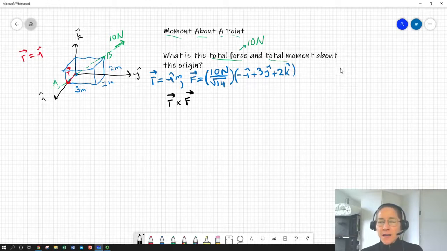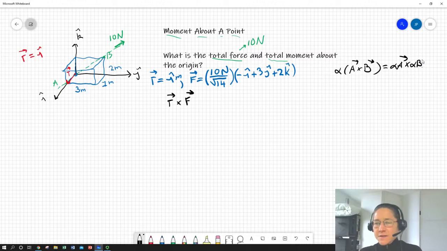So basically I can do a scalar alpha times A cross B equals alpha times vector A crossed into alpha times vector B. So we can basically factor those out.